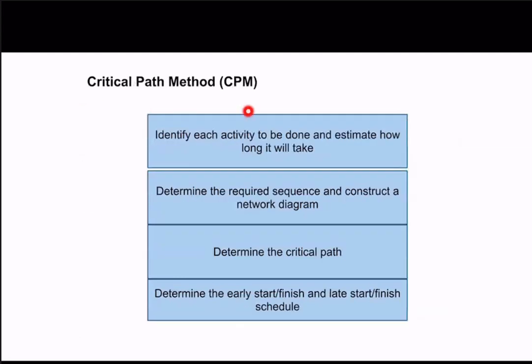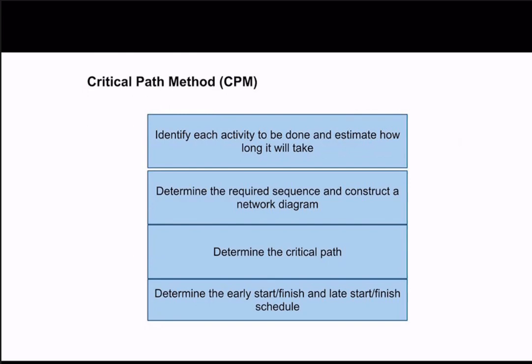About the critical path method, the first step, as with any model you use, is that you need to identify every activity to be done and estimate how long it will take. So for different activities, you need to know the duration for which that activity could be completed.